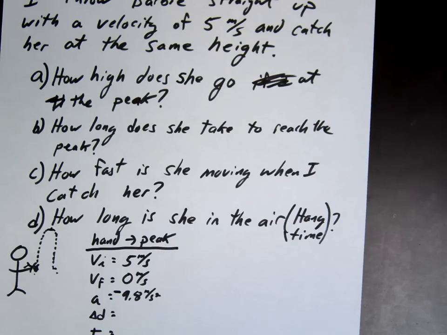What about at the peak, though? When I throw him up, what's the acceleration at the peak? If it was 0, what would happen to him? He would just levitate, right? I would throw him up, he would go up, and then at the peak he would just levitate because zero acceleration, right, and zero velocity.